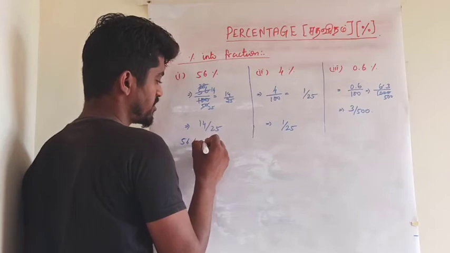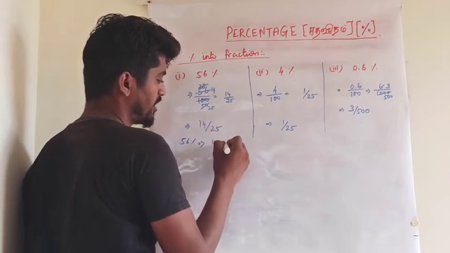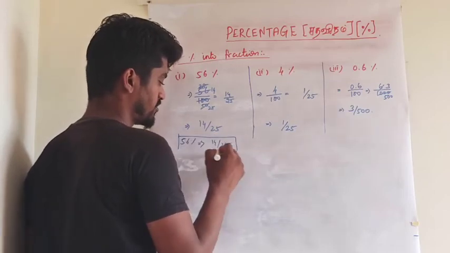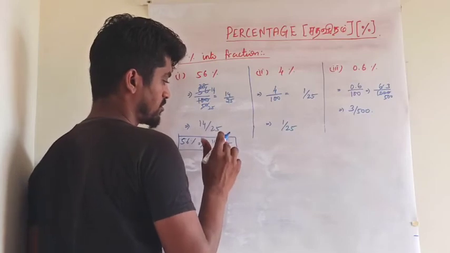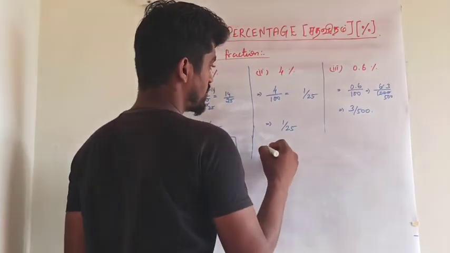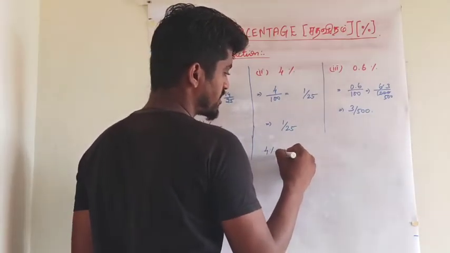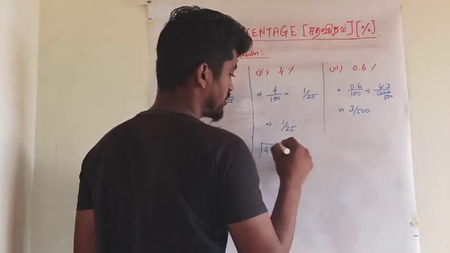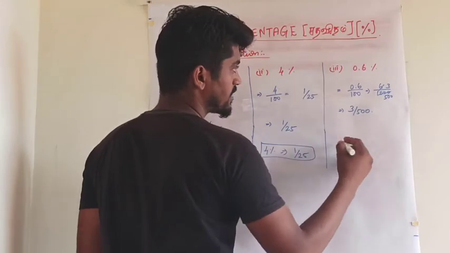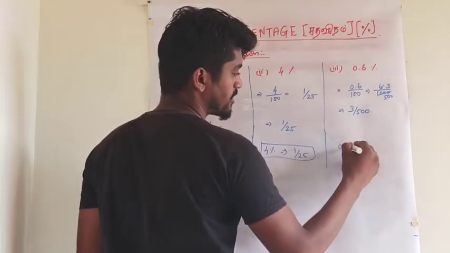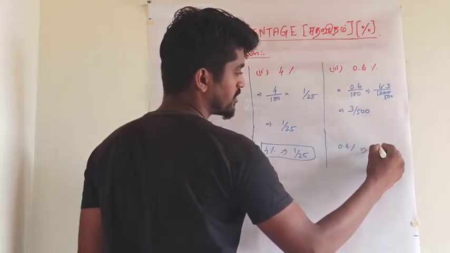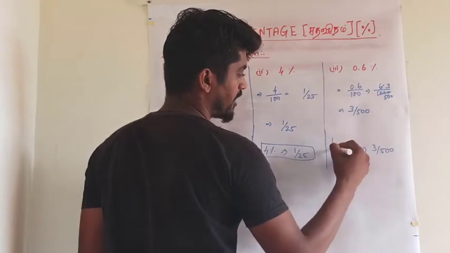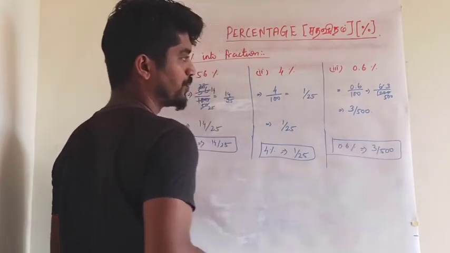So 56 percent is equal to 14 by 25. The second sum, 4 percent, has the fraction value 1 by 25. The third example, 0.6 percent, is converted to 3 by 500 as a fractional value.